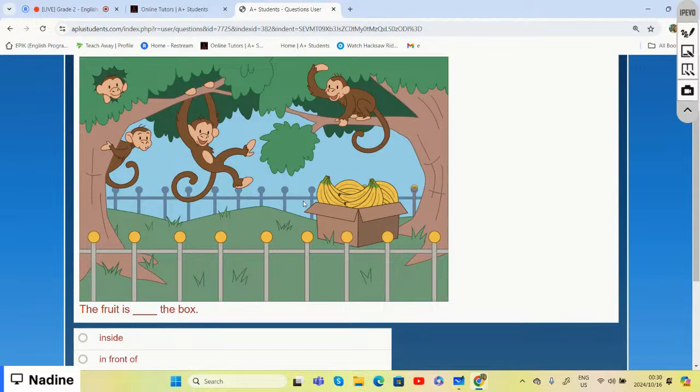So the fruit, which is the banana, do we say the banana is inside the box or in front of the box? If we were to select the correct option, we can say that the fruit, the bananas, is inside the box. It's in the box.